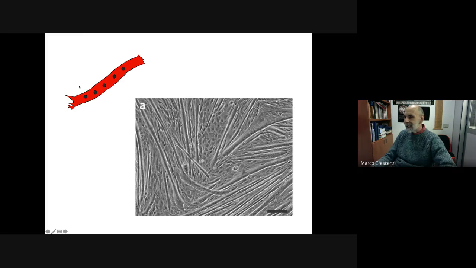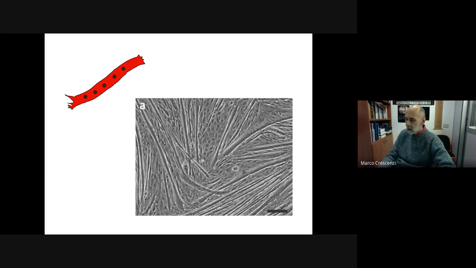As I've said, myotubes are very resistant to a number of stimuli that would push non-terminally differentiated cells to proliferate. They are resistant to all growth factors people have tried. They're resistant to a number of oncogenes that are strong inducers of proliferation in non-terminally differentiated cells.